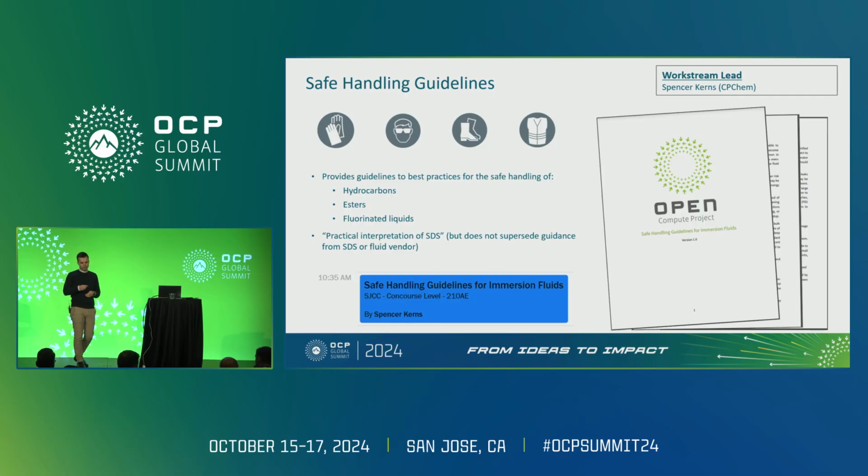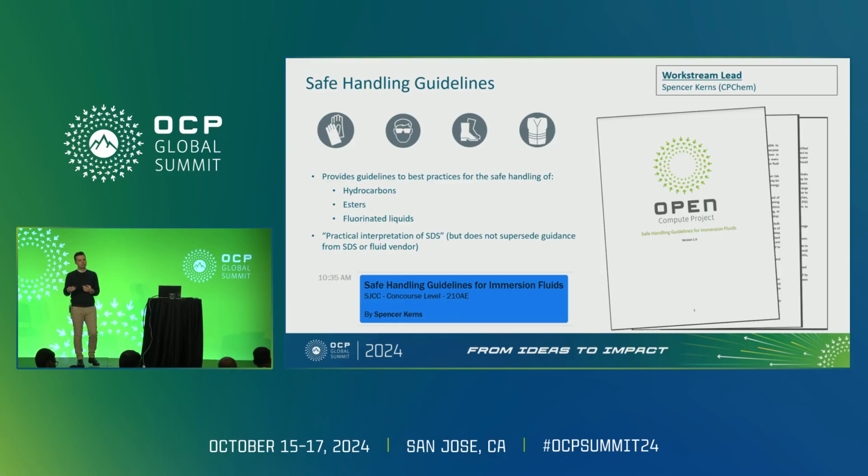The third rapid fire talk we have is on safe handling guidelines. This is a white paper which has been submitted to the steering committee. Spencer Kearns will be giving the talk here. This is all about providing guidelines and best practices for managing the safe handling of all the different types of fluids, so hydrocarbons, esters, and fluorinated liquids.